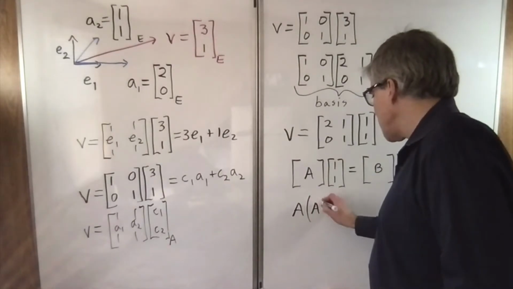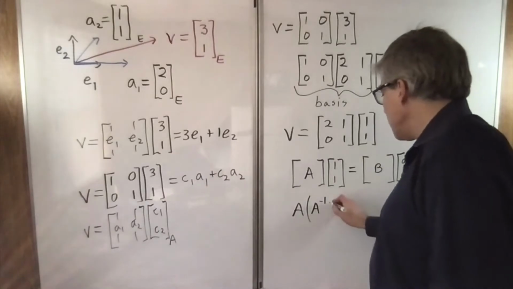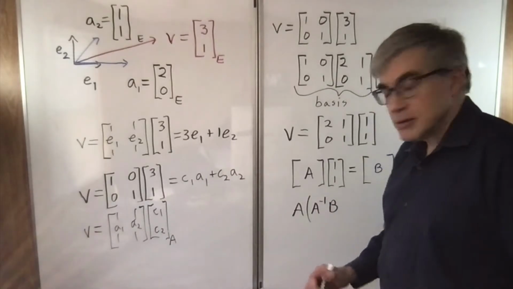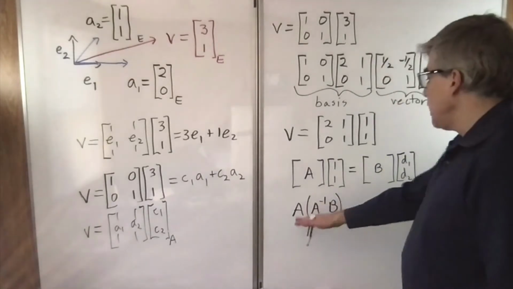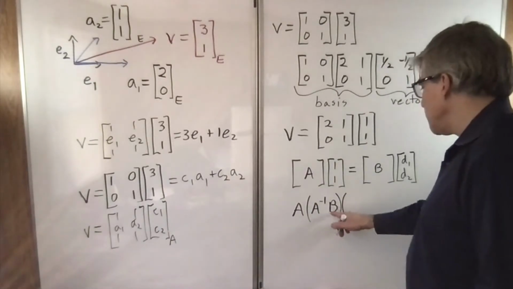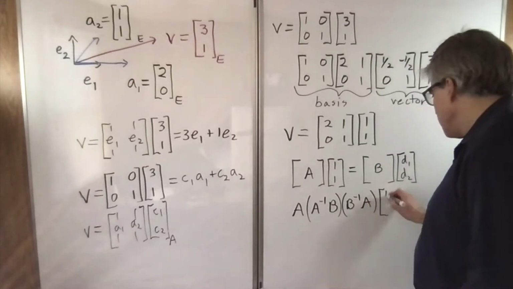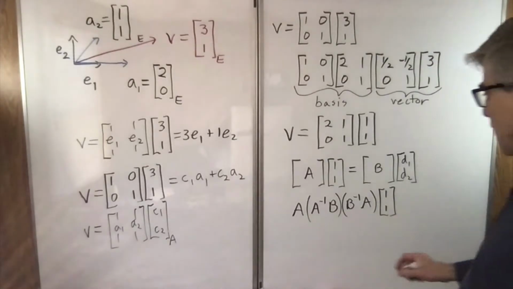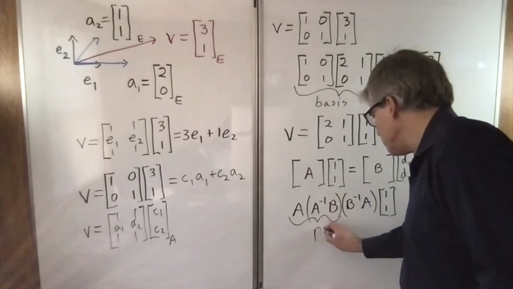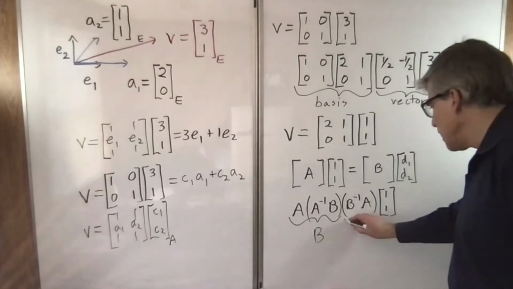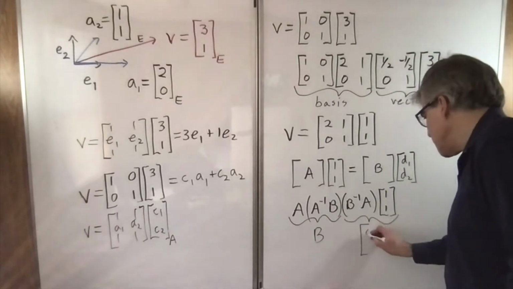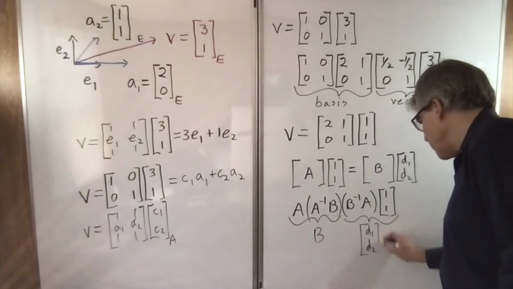So we want to multiply by A inverse to get rid of that A, and we want to multiply by B, so that we'll end up with B there. Now, to undo that, we then have to multiply by B inverse and by A, followed by (1, 1). If we do that, this becomes B, the basis matrix, and this becomes (d1, d2).